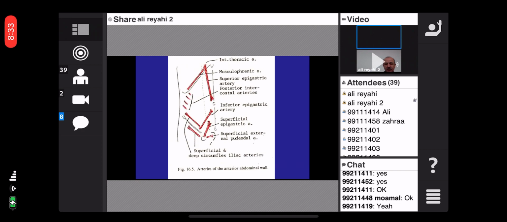Look at here. I talked about the blood supply of the abdominal wall. The superior epigastric artery is a branch from the internal thoracic artery, and the inferior epigastric artery is a branch from the external iliac. The other artery is the deep circumflex iliac artery from the external iliac.